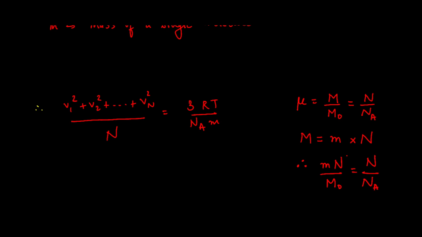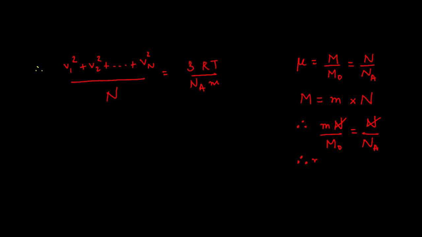So what's cancelled? Capital N is cancelled, and m into Na is nothing but capital M0. Capital M0 is the symbol of molar mass, right? So that is our next step.